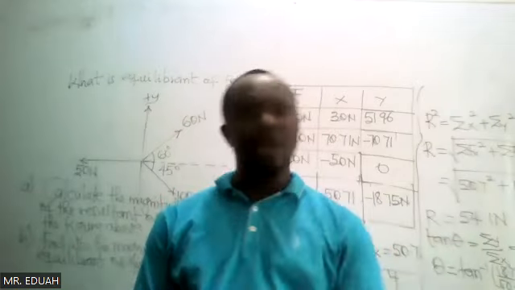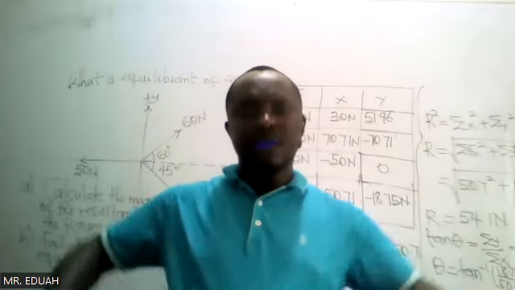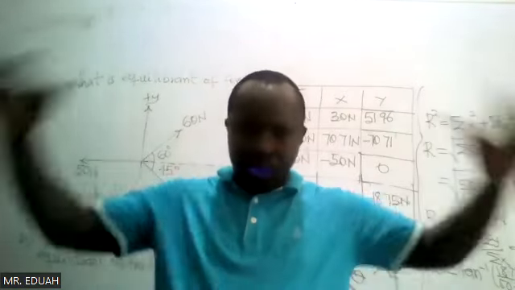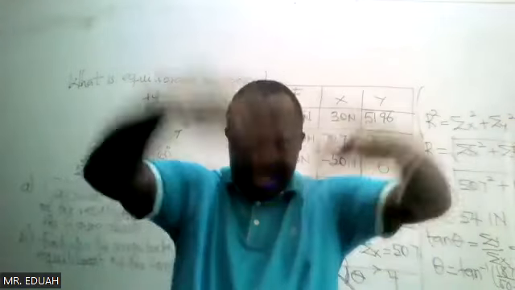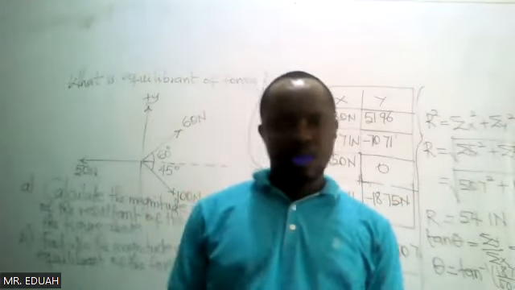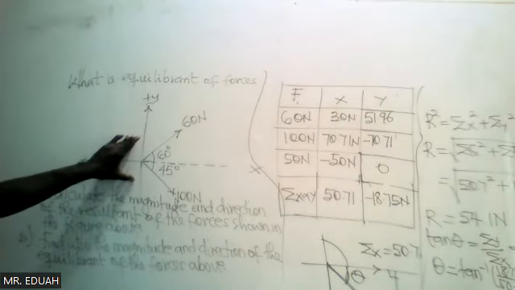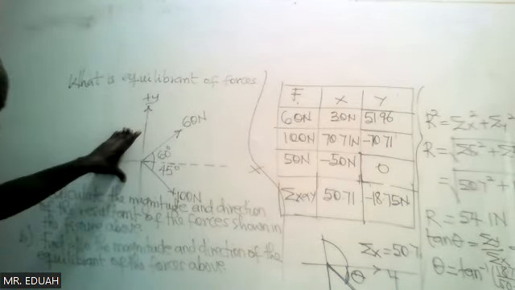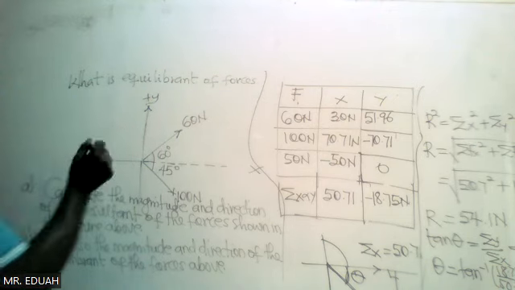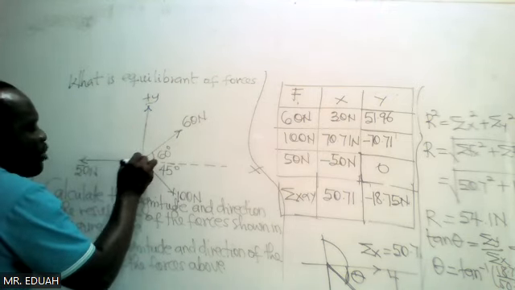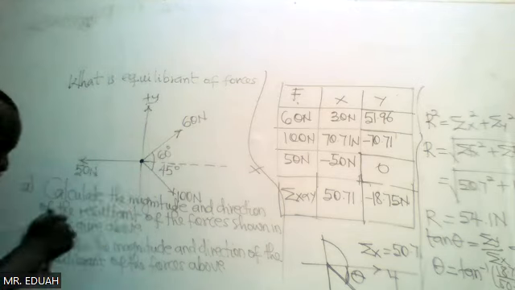So that force, when applied, would give a net force of 0 in a system. This is a system of forces acting concurrently.